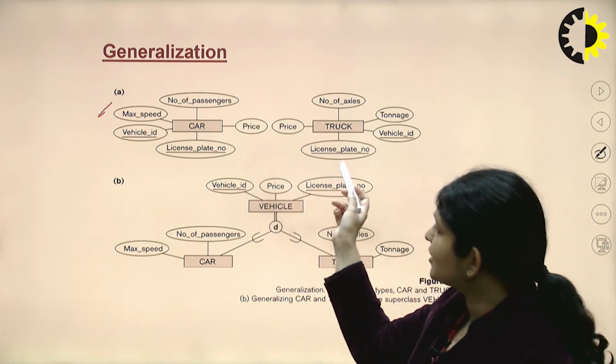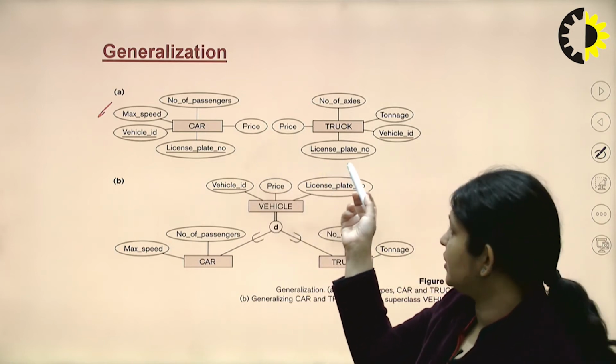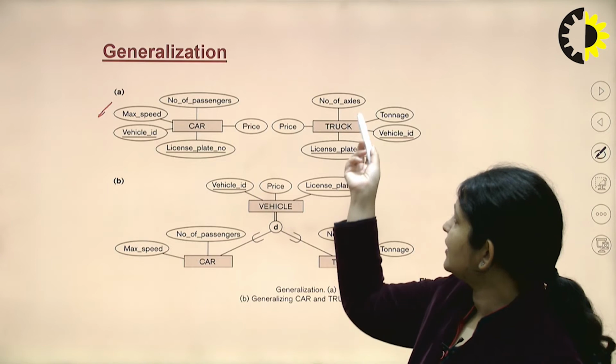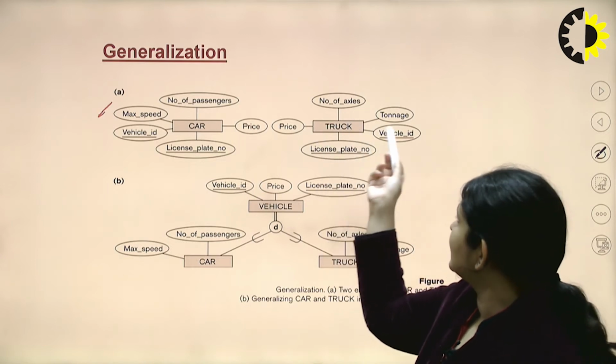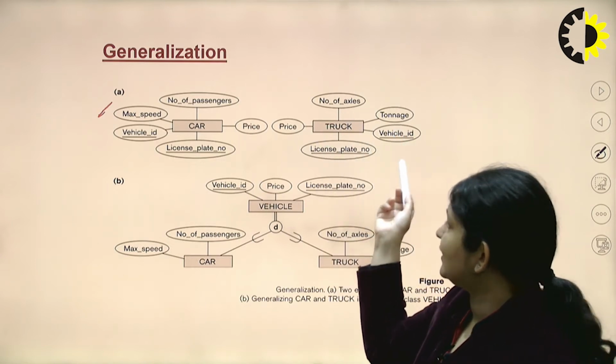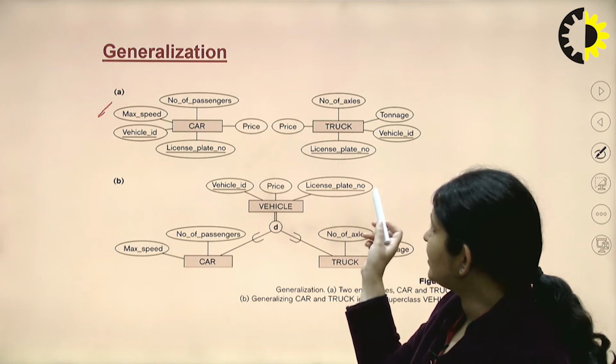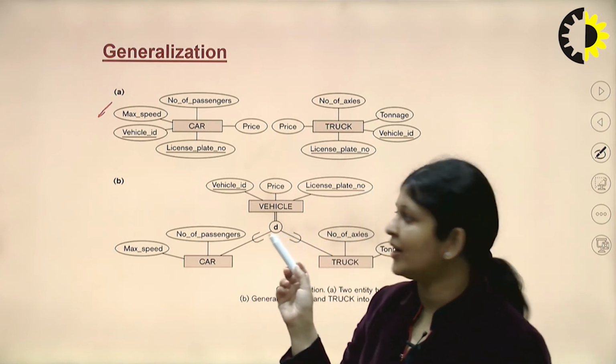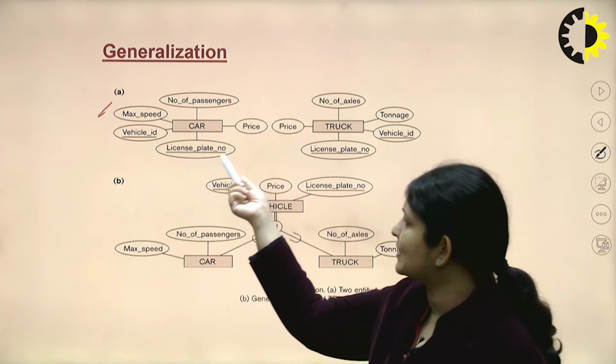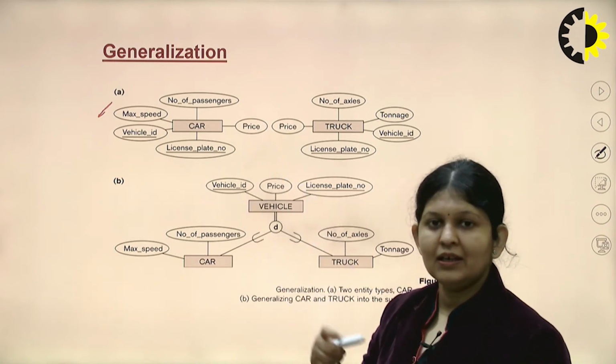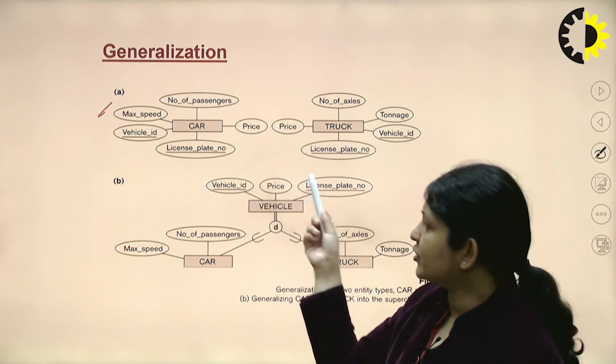Some attributes may be common in truck also: license plate, number of axles, price, tonnage and vehicle ID. So there are three attributes, vehicle ID, license plate and price, which are almost common.